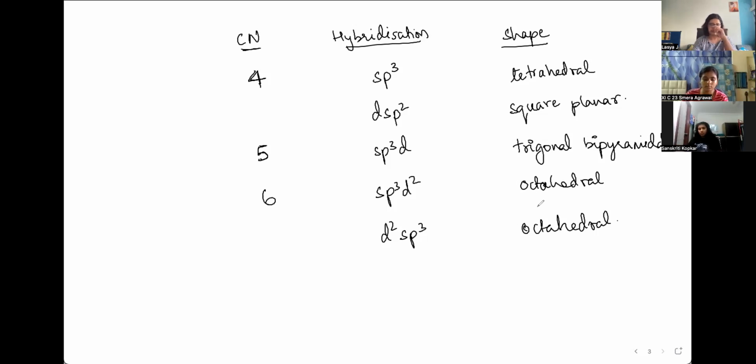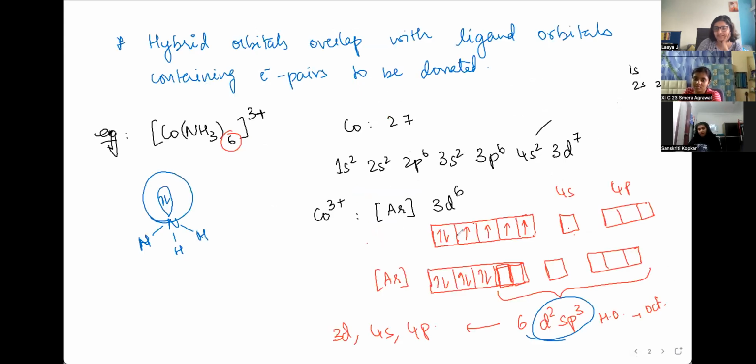Okay. Now, I don't know if you've gotten this doubt yet or not, but how do you figure out when it is sp3, when is it dsp2? How do you figure out when is it sp3d2, when is it d2sp3? In this case, I just told you that pairing takes place, therefore it is d2sp3.